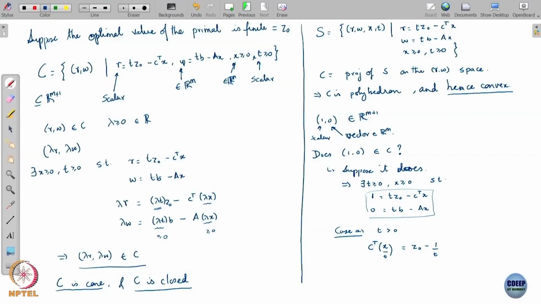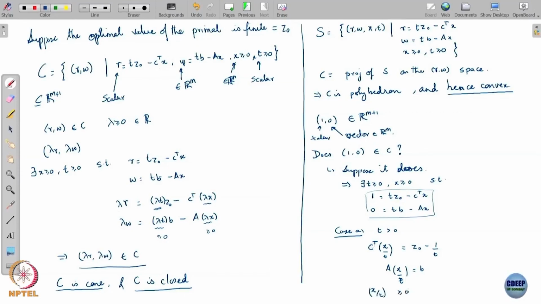And the second equation, if I divide throughout by t, gives A times x by t is equal to b. Now, I already have x greater than or equal to 0, t greater than or equal to 0. This means that x by t is greater than or equal to 0.